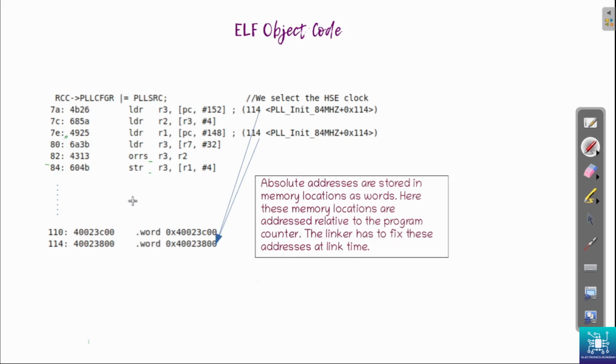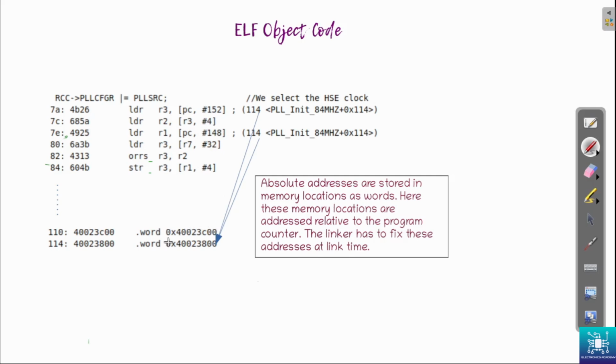Otherwise these absolute addresses will be 4 bytes, residing somewhere in the flash, and getting this address will be using an offset to the PC. So it is going to be 152 bytes, in decimal, from here, and then this is 148 bytes from here, because it is moved closer to this location.